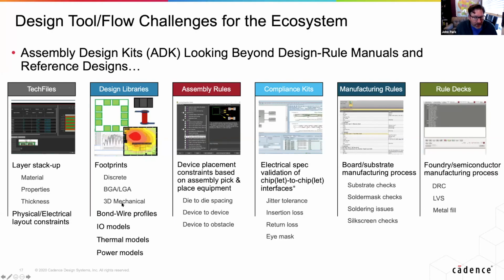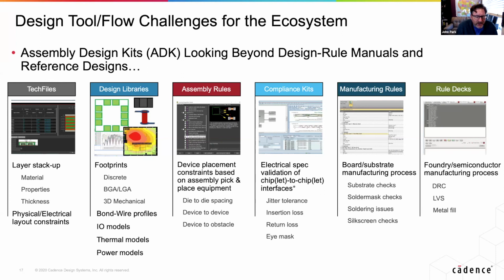So if you look under design libraries there, I have footprints, things like the surface mount capacitors that are going to go on your design. If it's a bond wire attach, you're going to need the three-dimensional profile. As I said, in this world you're working with microbumps and IOs, so you need switching behavior of those IOs, and absolutely you'll need thermal models.